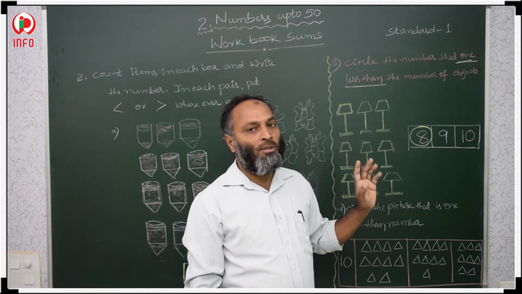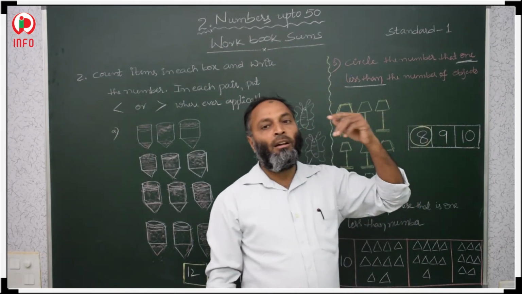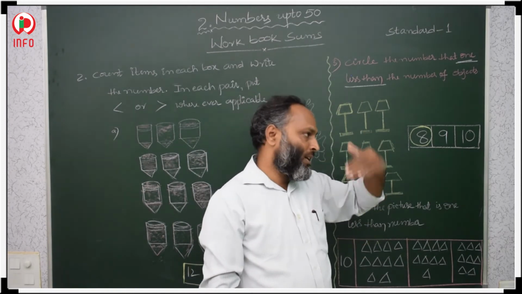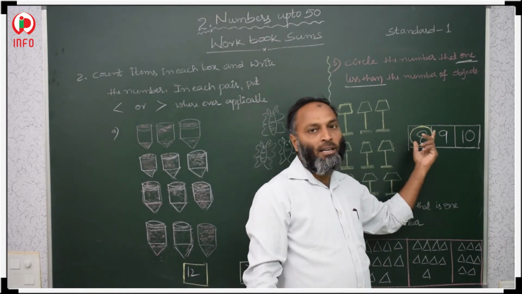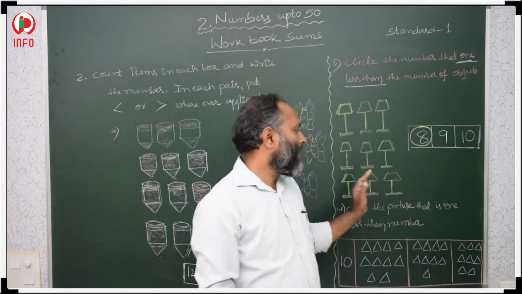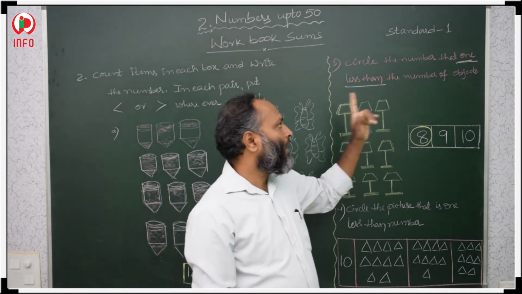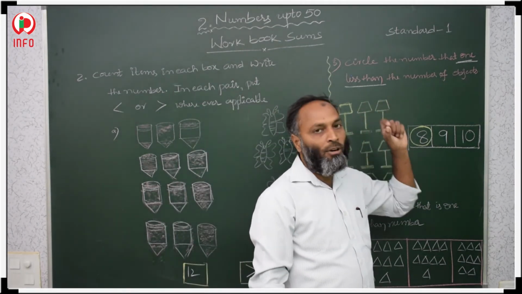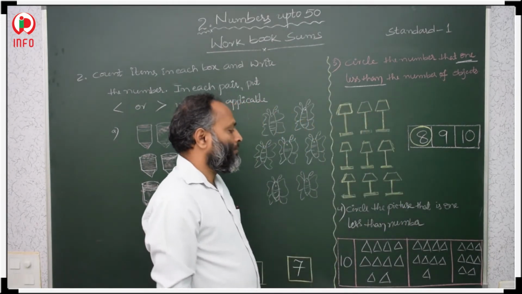Total 9 lamps. Don't be confused, don't circle this 9. You make one less; one less means one decrease. After decreasing one, you will get 8. You circle 8. This is the method. First we understand the problem, and after that we apply whatever he is asking.